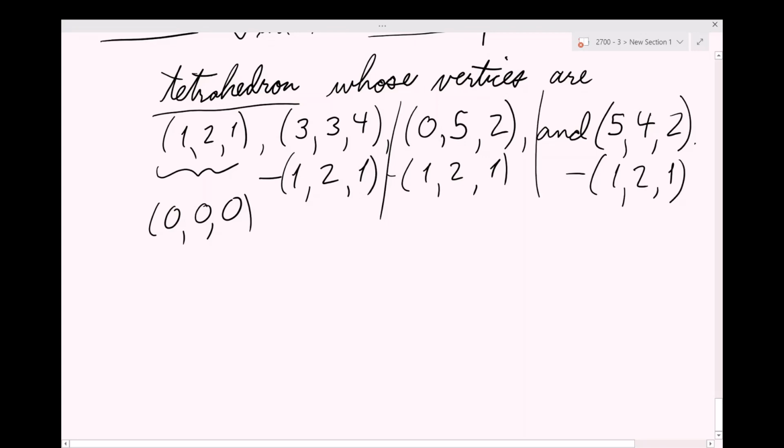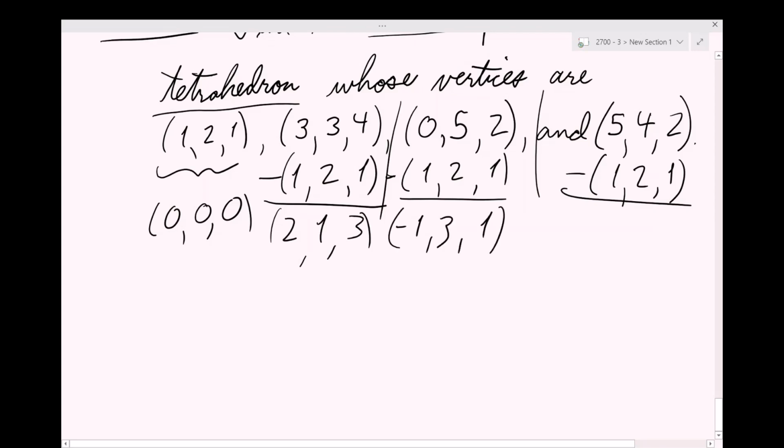So we're going to shift everything until that point goes to the origin. Everything else is going to be moved along with it. So my new points are going to be 3 minus 1 is 2, 1, 3, negative 1, 3, 1, and then finally 5 minus 1 is 4, 4 minus 2 is 2, 2 minus 1 is 1.